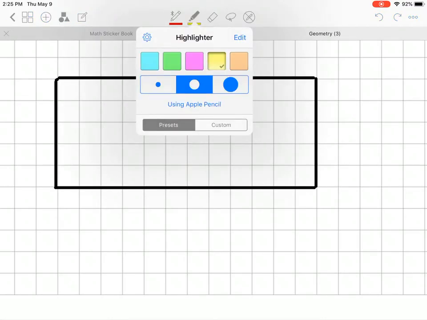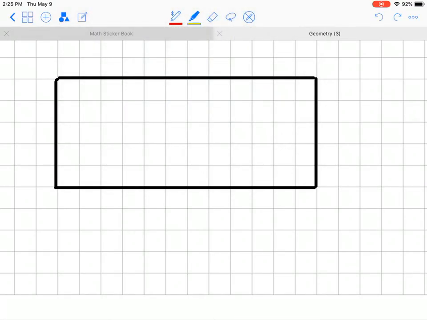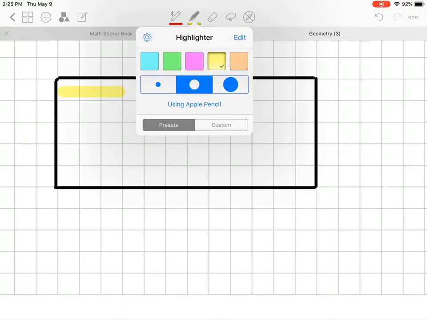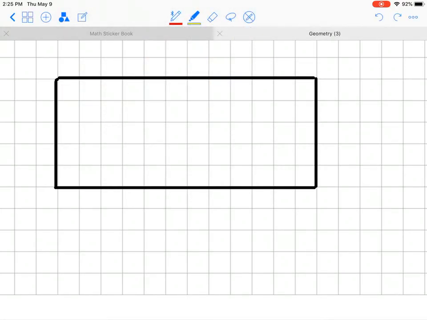I'm trying to highlight this top row. So we have 12 squares, and if we were actually laying carpet or tile, it would take 12 squares to finish.